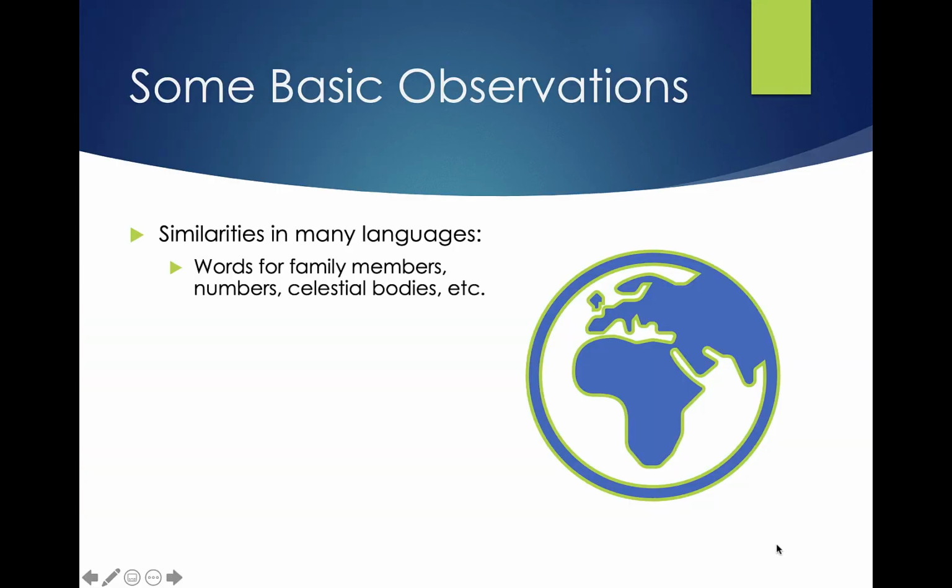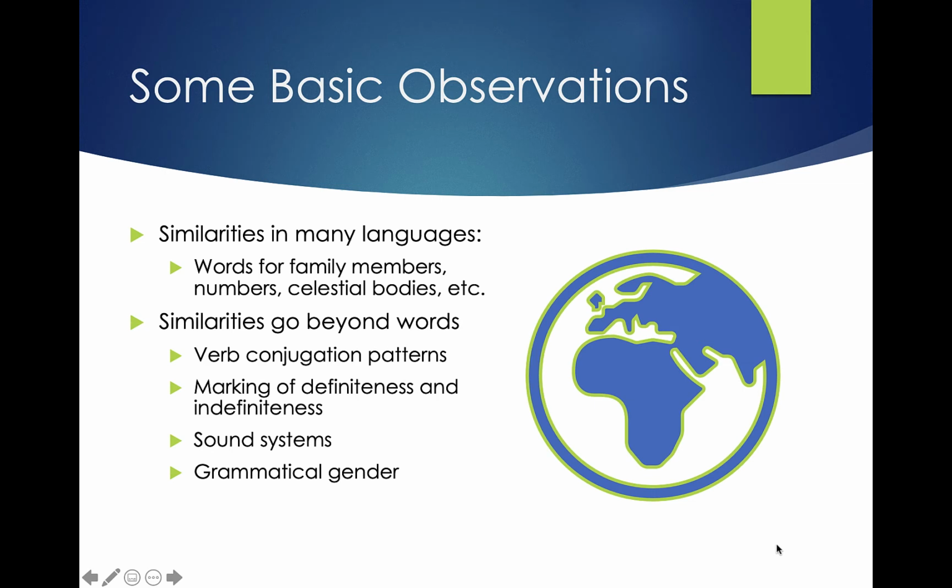To begin with, even naive observers notice that many languages have a large number of similarities among them. For example, we have similar words for family members, numbers, celestial bodies, and even foods and body parts in multiple languages. And these similarities are not limited to words.